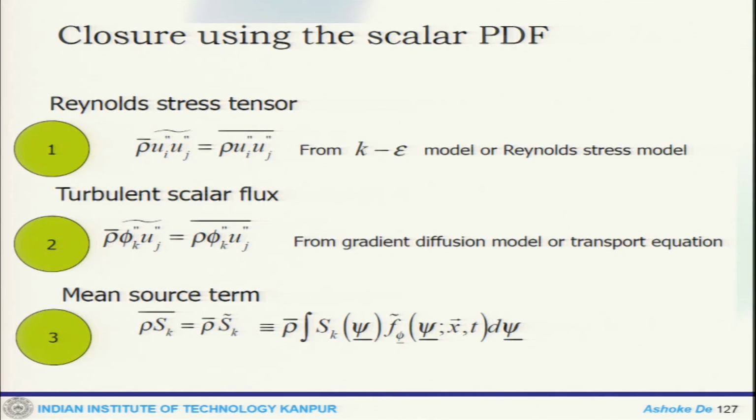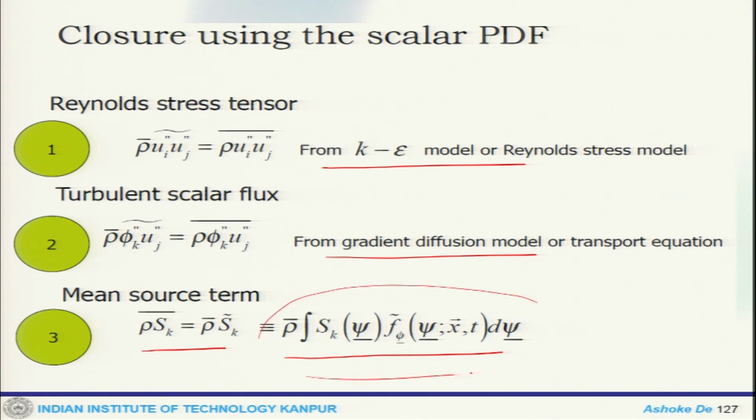Now, these are set of unclosed equations, and how we close that: Reynolds stress using some RANS based model, turbulent scalar flux using gradient assumption, and the mean source term we can close using composition PDF method. So, this is now the difference that we see when we are talking about other models compared to transport PDF based model.